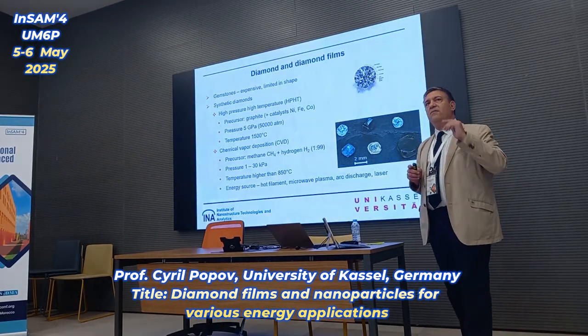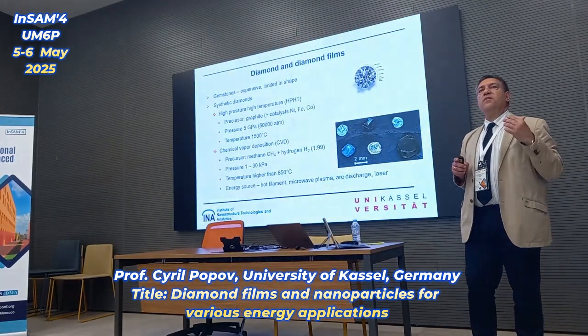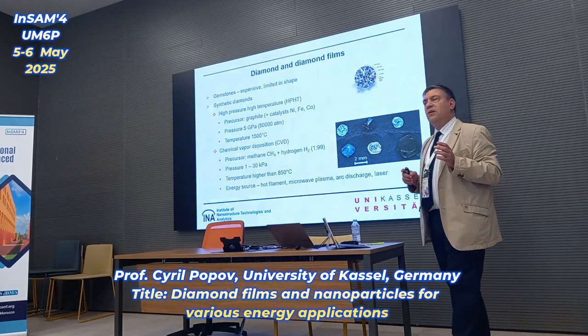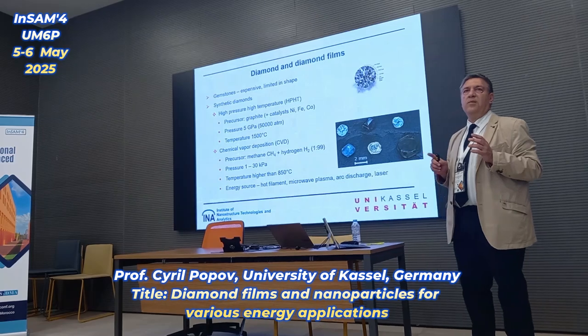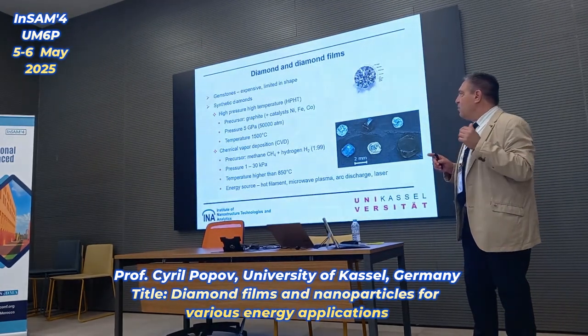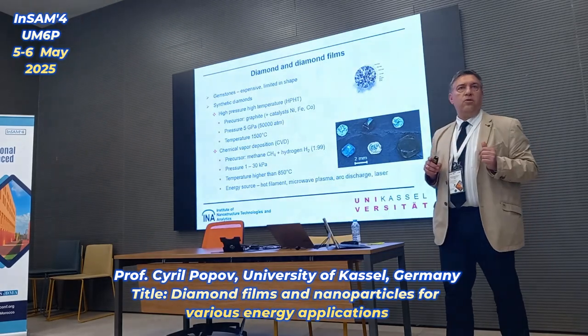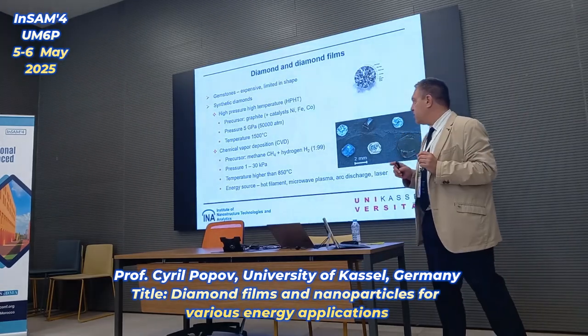The second very important breakthrough was when, for the first time, much milder conditions were applied to create diamond by chemical vapor deposition, because not only were the conditions much milder, but it also gave the possibility to coat surfaces and objects with diamond films.